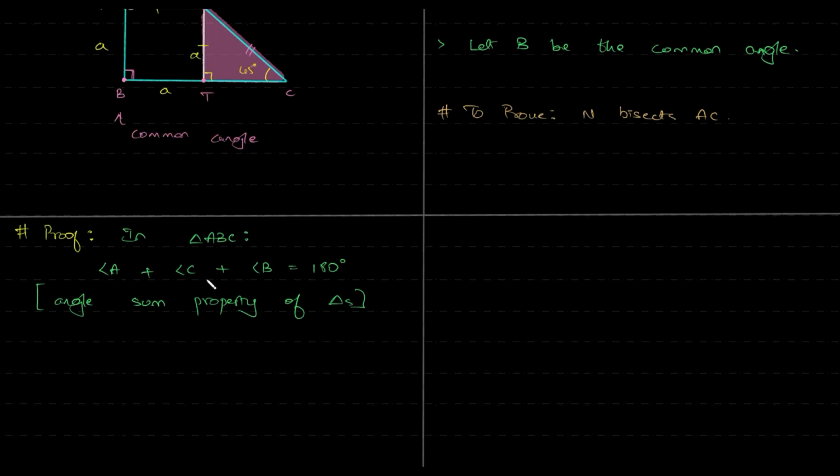So what do we have? Angle A is equal to angle C, as angles opposite to equal sides are equal.